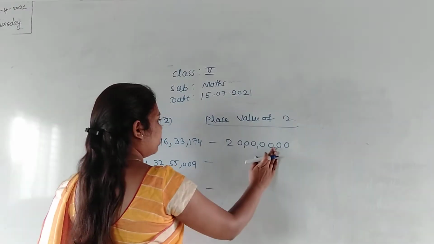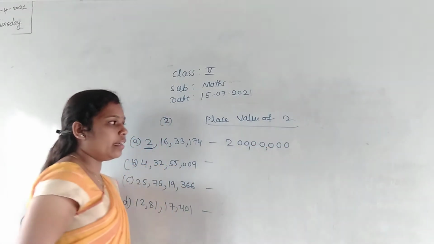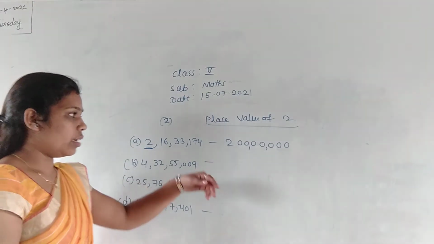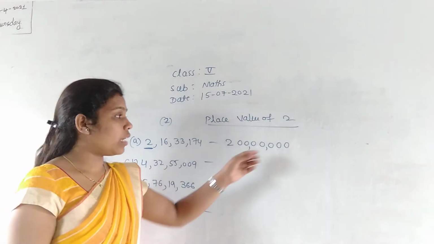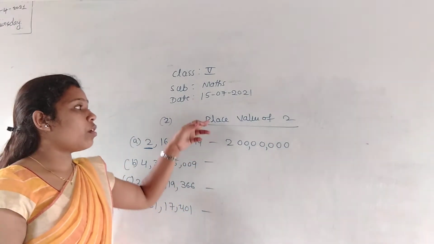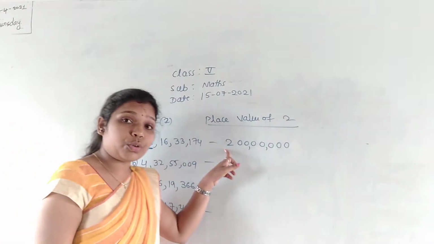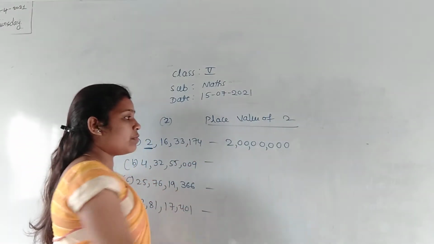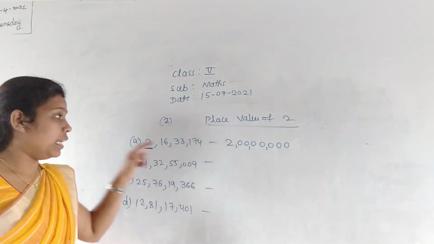Sorry, 8 digits, right? Only 7 you have to write. I written the 8, so I just want to rub it. See here, 7 zeros. For crore, 7 zeros are there. So write the 7 zeros. 2 crore. What is the place value of 2 here? Place value of 2 is 2 crore. This is the place value of 2 in this number.